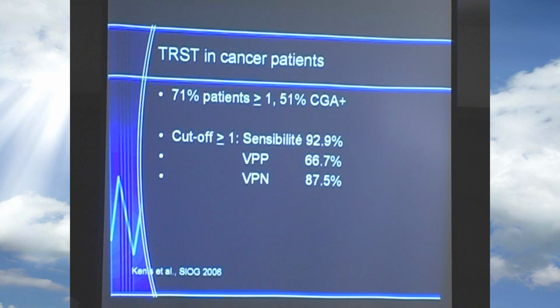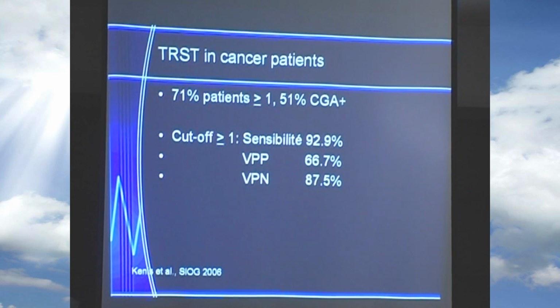So if you take the cutoff of 1, which is less than the one that was used by Mion in the emergency setting, sensitivity is, sorry, it's a French slide that I mistakenly put. Sensitivity is 92.9%, positive predictive value 67.7%, and negative predictive value 87.5%.